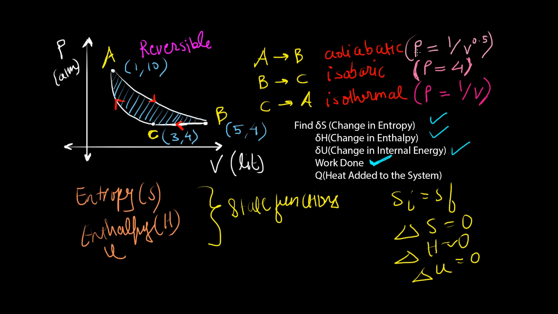So we are given that from A to B, the graph is the graph of 1 by V to the 0.5, which means it is 1 divided by the square root of V. So that is the relation between P and V in the interval A to B. From B to C, it is a constant. The y coordinate is pressure here, and that is constant. That is equal to 4. You can see that. And C to A is P is equal to 1 by V.